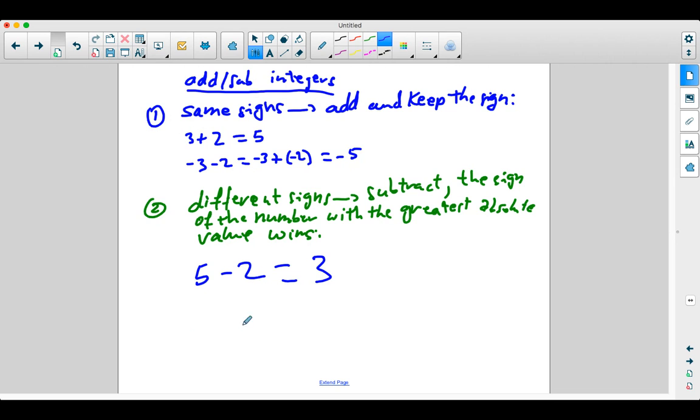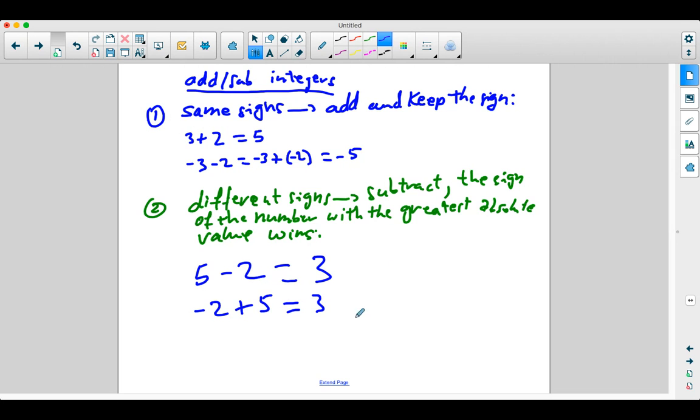Okay. So if you understand that, it does not matter if it's written this way, negative 2 plus 5. I'm going to subtract 5 minus 2, but I know that my answer would be positive because if I compare 2 and 5, 5 is way more than 2 as a number, and 5 is positive, so my answer is positive.